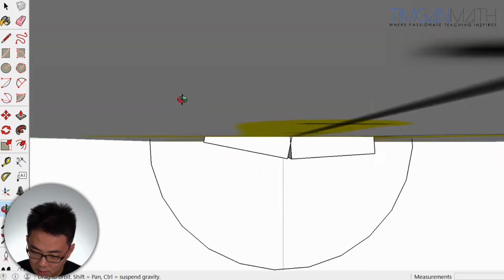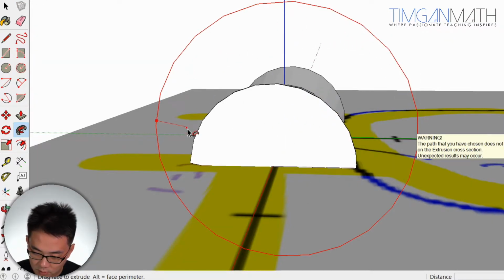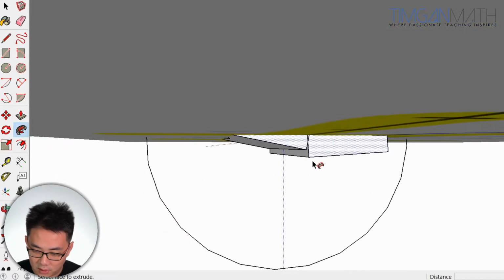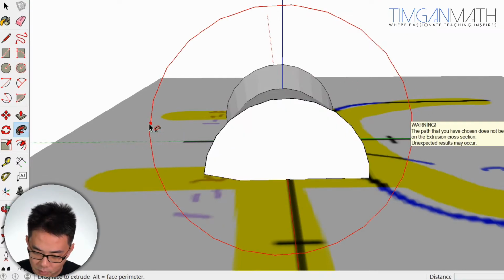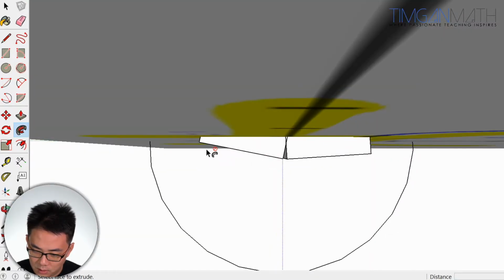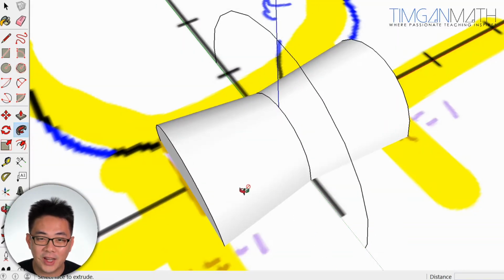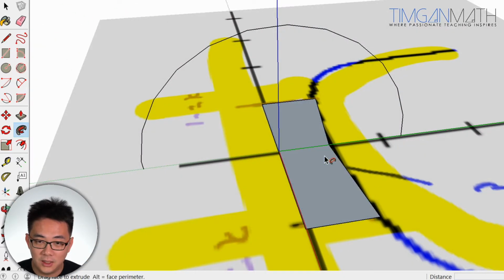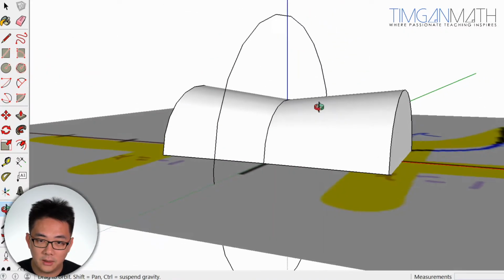So this is 2 right angles. Just assume that there's nothing below here. We do not want to be 360 entirely. So there you go, like that.